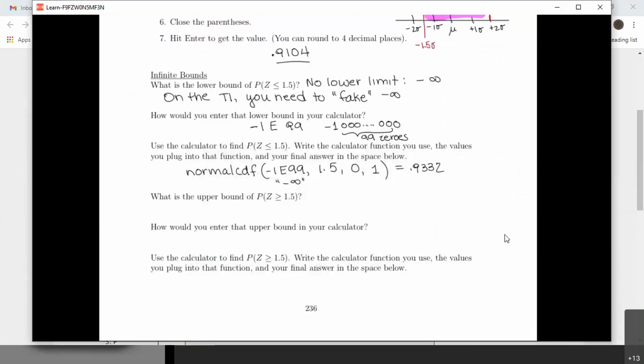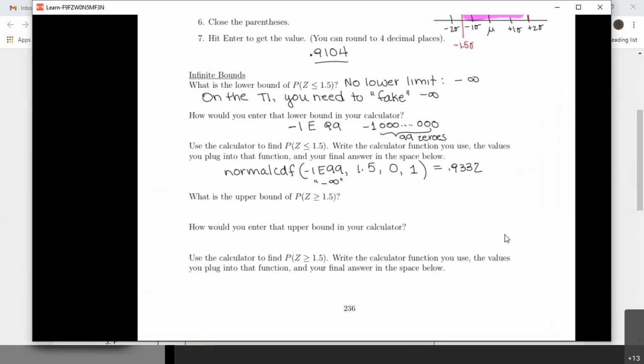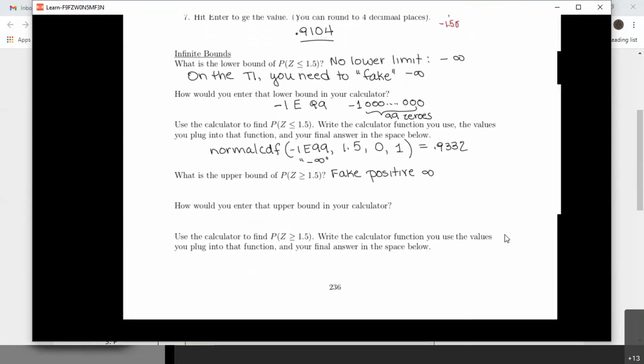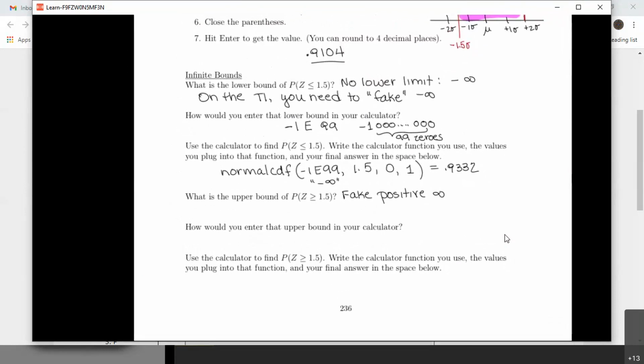All right. Now, suppose we want the probability of being above 1.5. Here, you need to fake positive infinity. The way you do that is to pick a very large positive number.